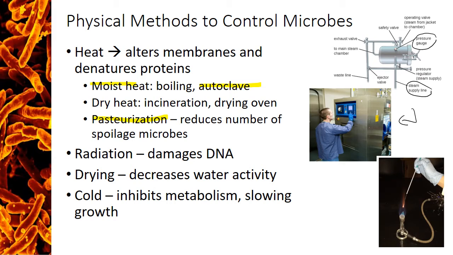For example, if you compare the difference between a steak and beef jerky, you should recognize that the steak needs to be refrigerated, whereas beef jerky is sold in a bag on the counter. It's because the meat has been dehydrated and dried, and without any water content, microbes can't grow in it. If you pull the water out, all living things have water. We need water to be able to have metabolism so our enzymes can work.